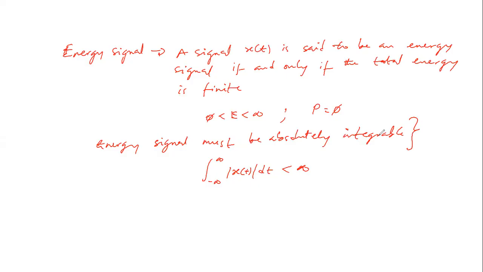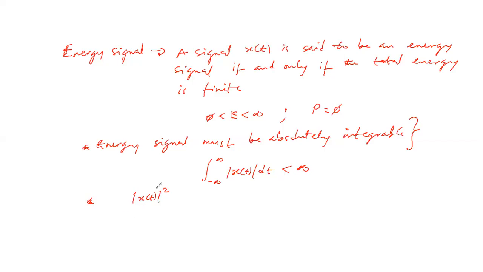Okay? So energy signals will always have Fourier transform. And the next component to consider here is that the energy is the same as the area under the graph, which is mod of S of t squared.